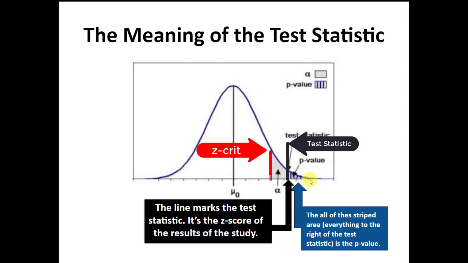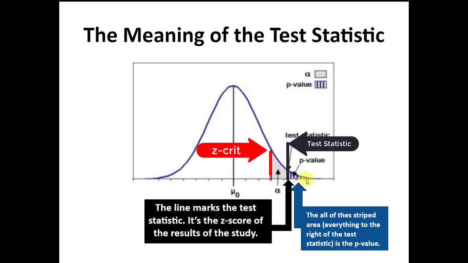It is within the area of the alpha, okay? If there's no difference between our null and our sample, we should get something that exists over here in this area. Any z-scores that we obtain beyond our z-crit, we're going to go ahead and reject.